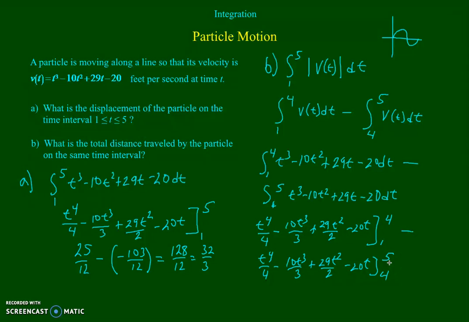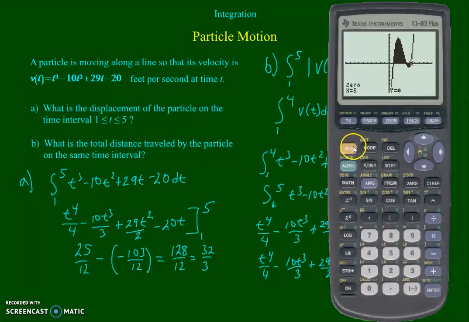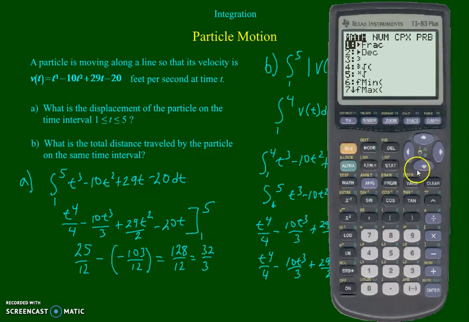So we're going to go back to our calculator to evaluate this, and we're going to use a slightly different method. We've already got our function in, so we're going to use that. So we do second quit to go back to the main screen. We're going to do math. We're going to go up to fnInt, function integral.